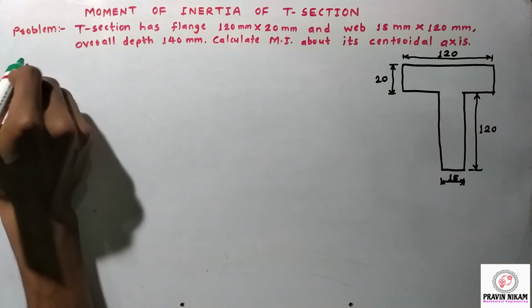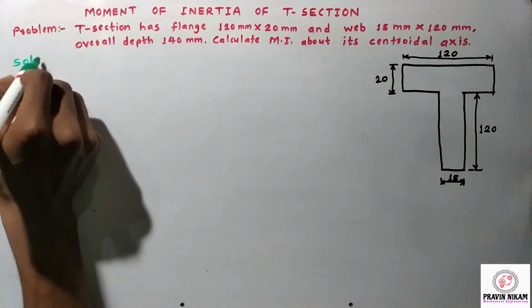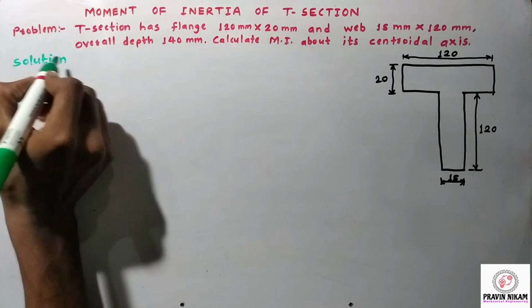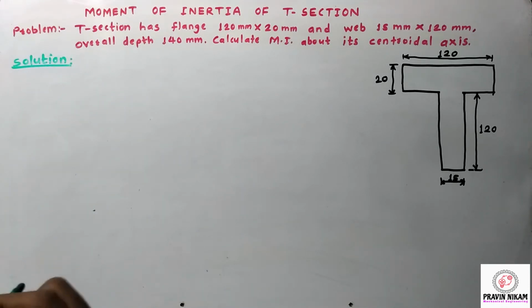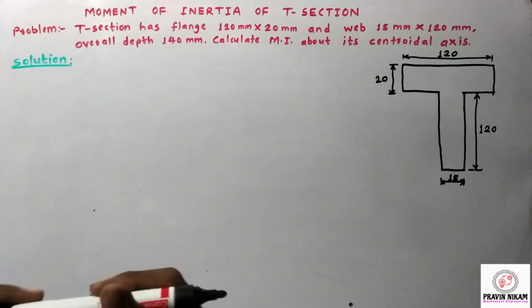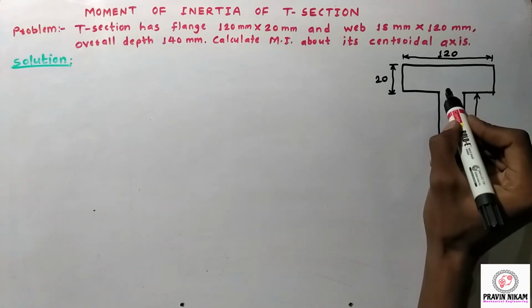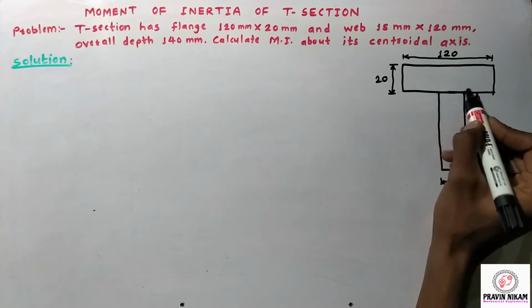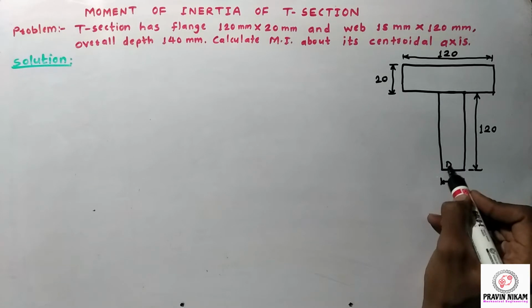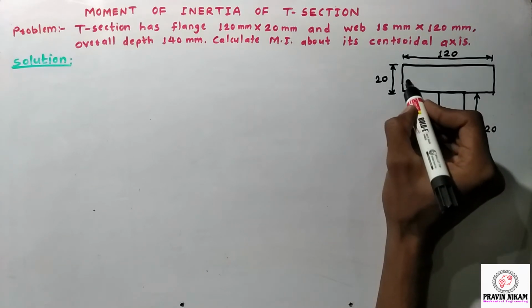So, solution. We know the first step is to split up this section into basic sections. So this is section 1 and this is section 2.